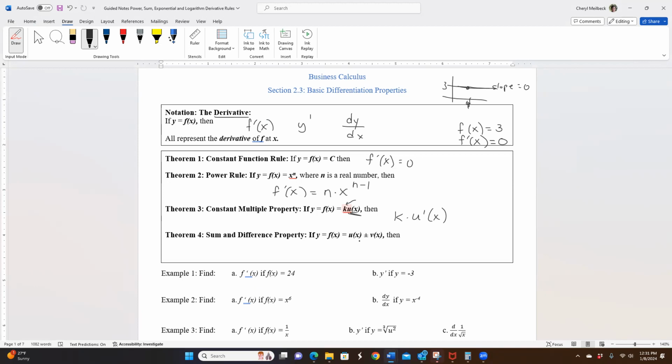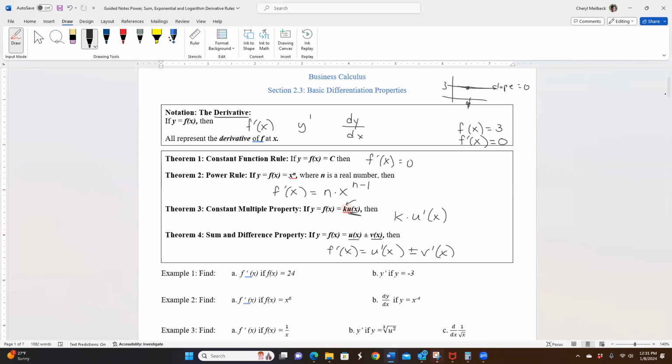And the sum and difference property merely states that if you're adding two expressions or subtracting them, you would take the derivative of each. So the derivative of f of x, where f of x is u of x plus or minus v of x, would be u prime of x plus or minus v prime of x, the derivative of each of those.